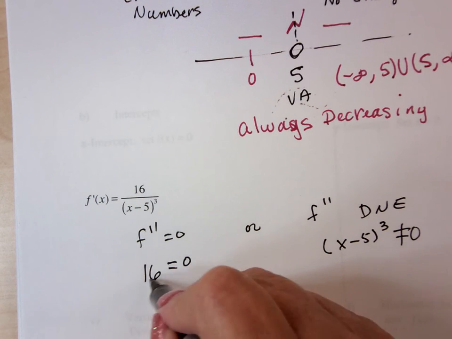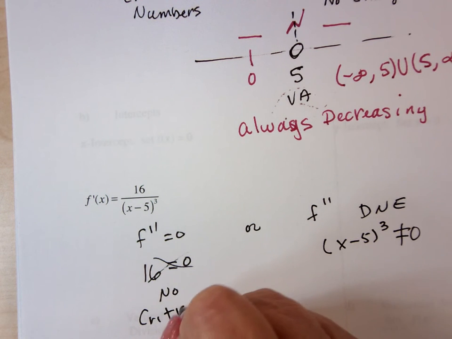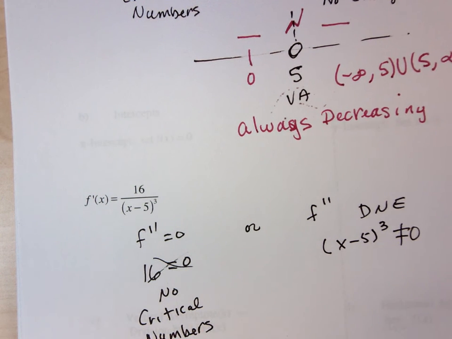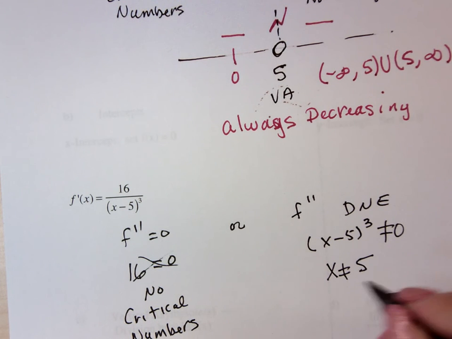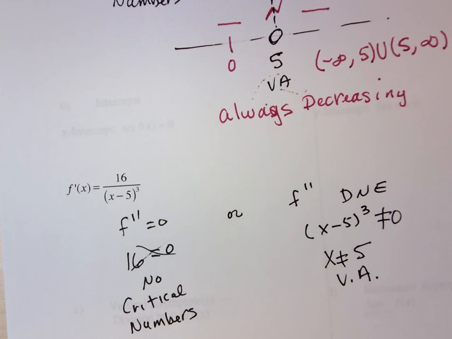No. So there are no critical numbers. And here x can't be 5, but we know he is a VA. That's why we find the VAs to start with.